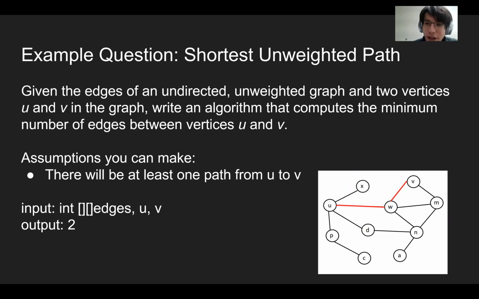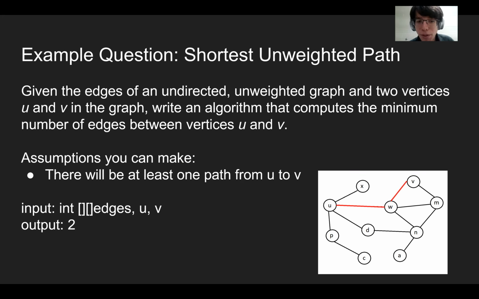Okay, so this is why I didn't want to go over the answer to that question a minute ago, exactly because we're going over it now, and I wanted you to have a chance to do it yourself. So given the edges of an undirected, unweighted graph and 2 vertices u and v in the graph, write an algorithm that computes the minimum number of edges between vertices u and v. And maybe you can use one of the things we've learned today.